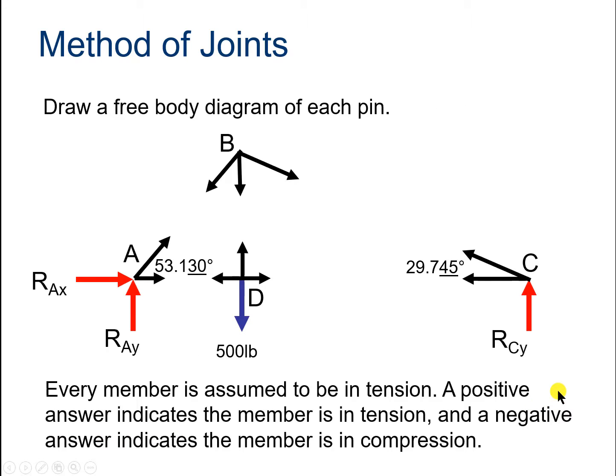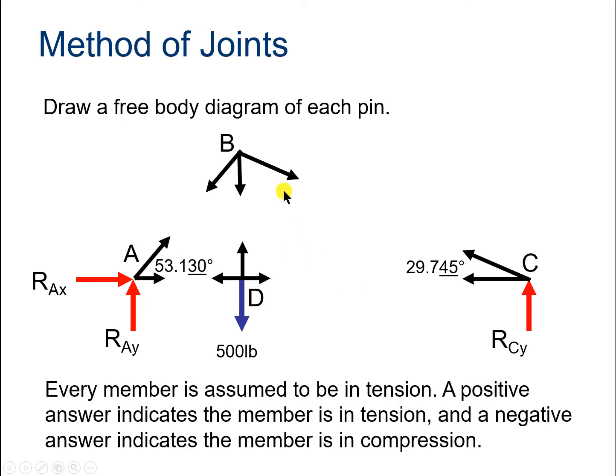Now let's apply the method of joints. To apply the method of joints, we draw the free body diagram of each pin. If you look closely, you can tell that this is our truss without the members showing. So we have points A, D, C, and B. We have the angles in here.